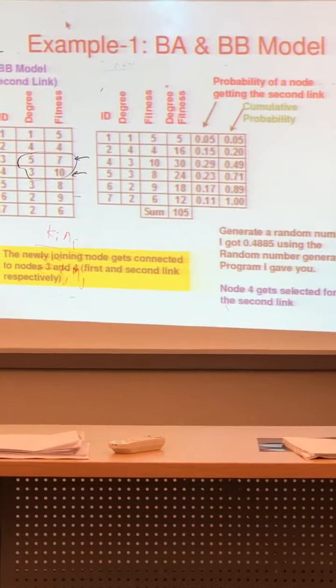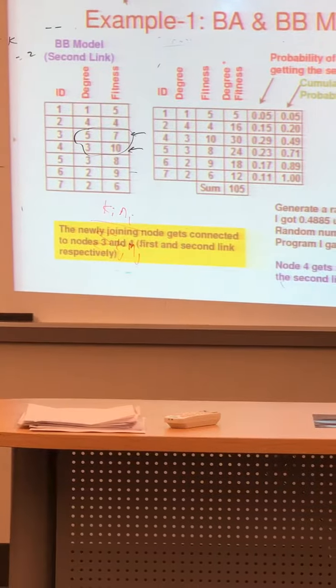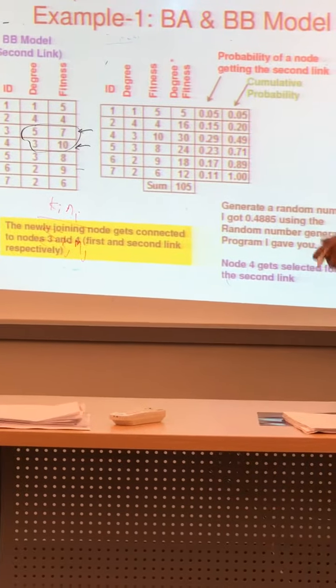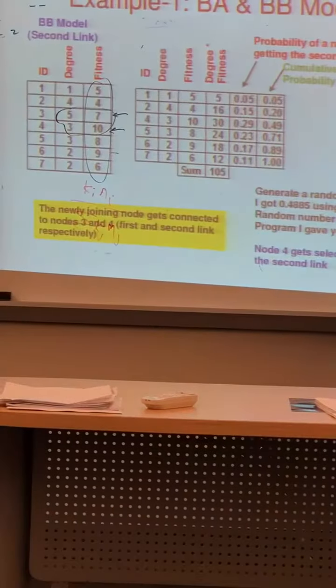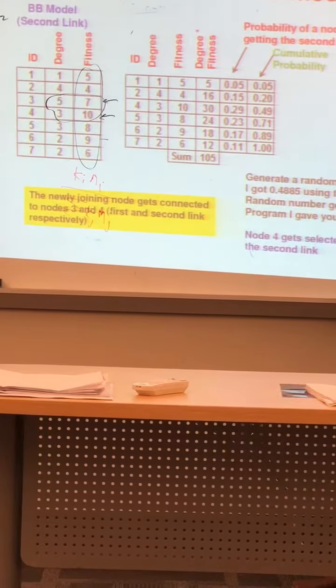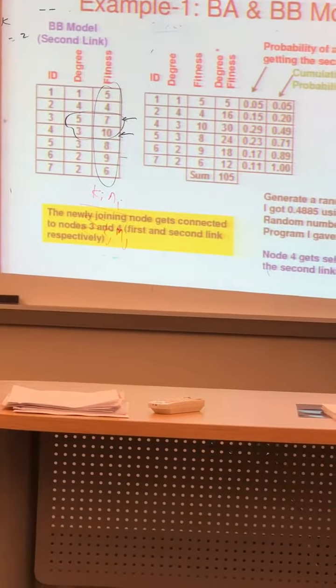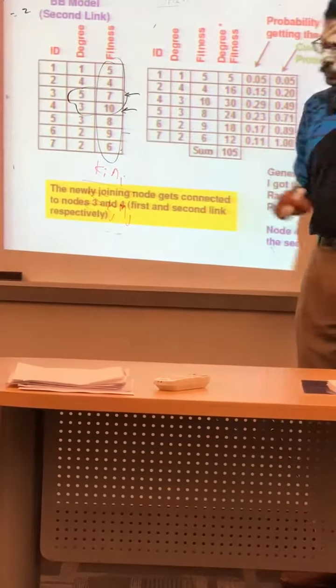If you have a larger degree and also a larger fitness, you have more followers and you are known well. So fitness is a measure that characterizes that node. Like, if you are known to everyone out there, that's a measure of fitness. If you are not known to everyone, then you have lower fitness. So this is according to the BB model.